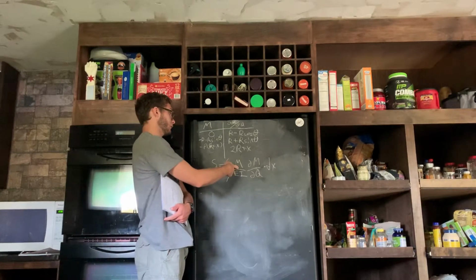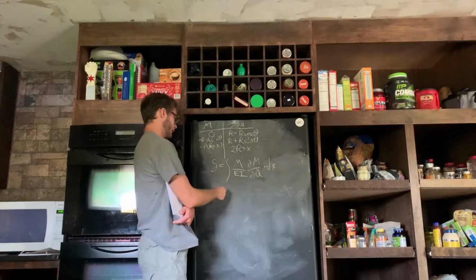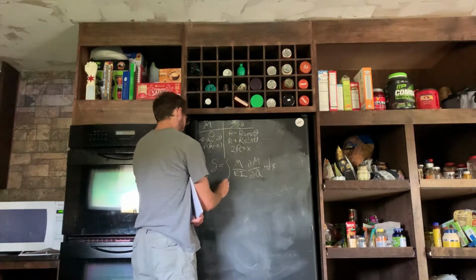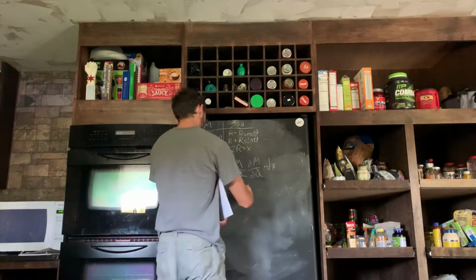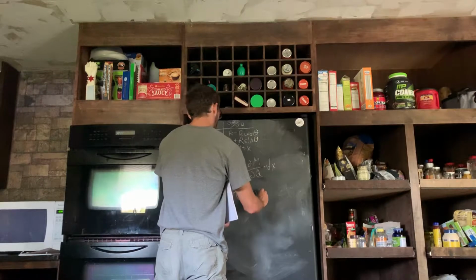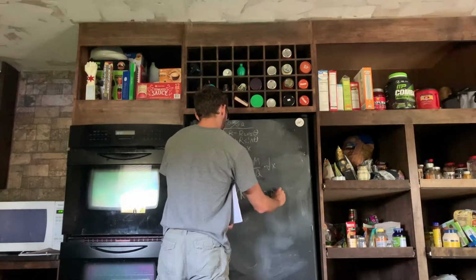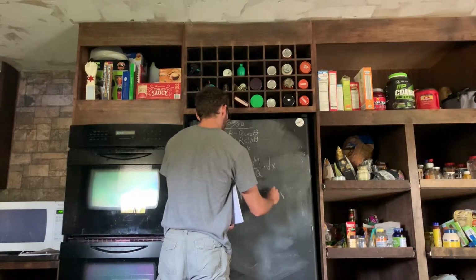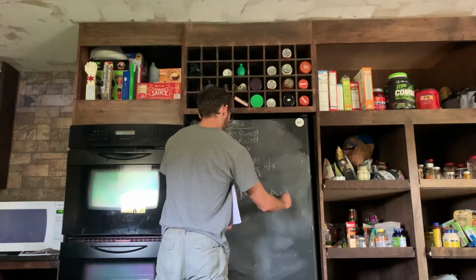This can all come out, or no, it can't all come out. The 1 over EI can come out, and then we just get negative p times r plus x times 2r plus x, dx.